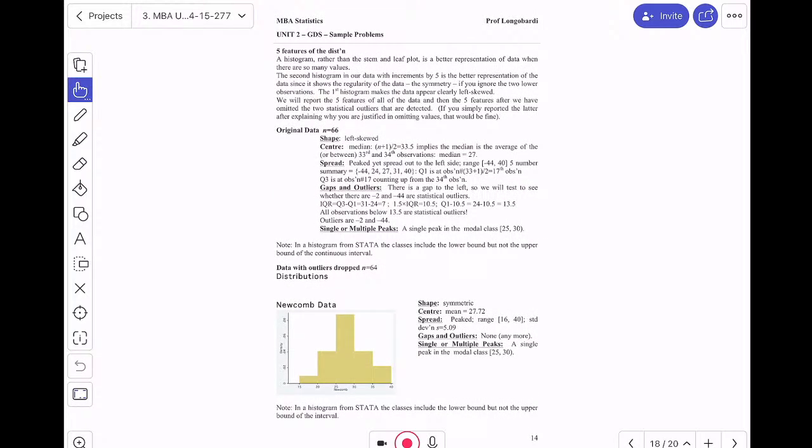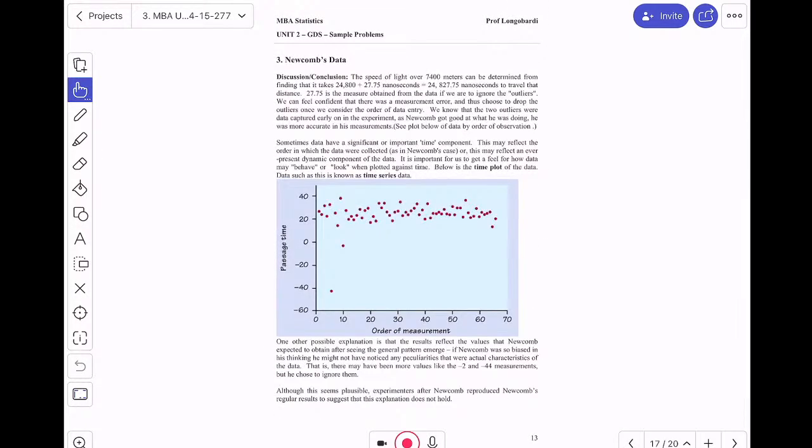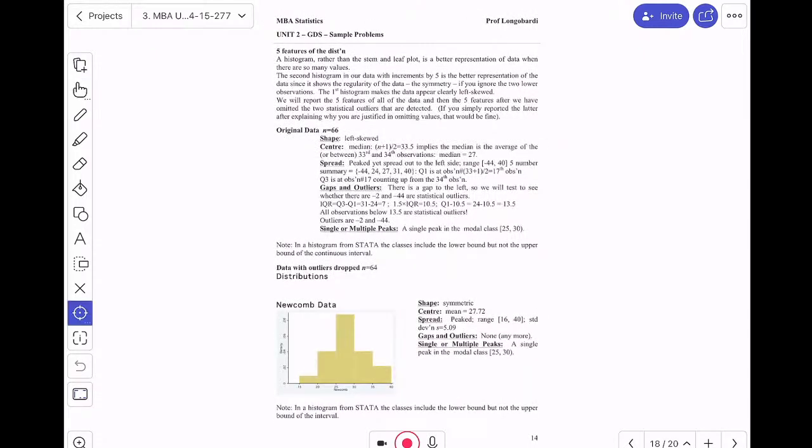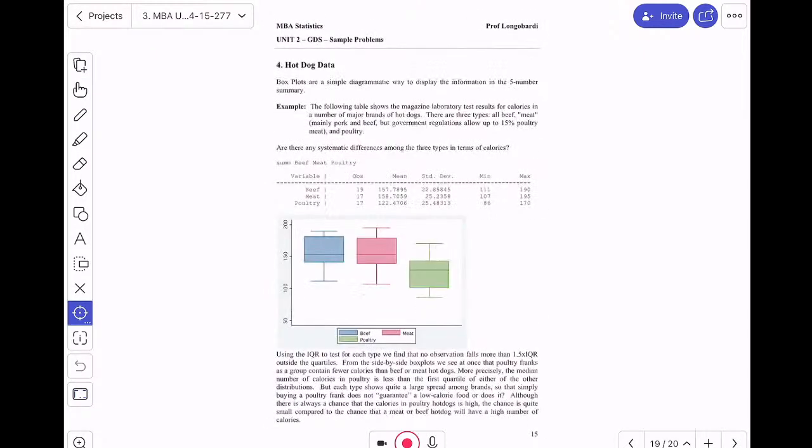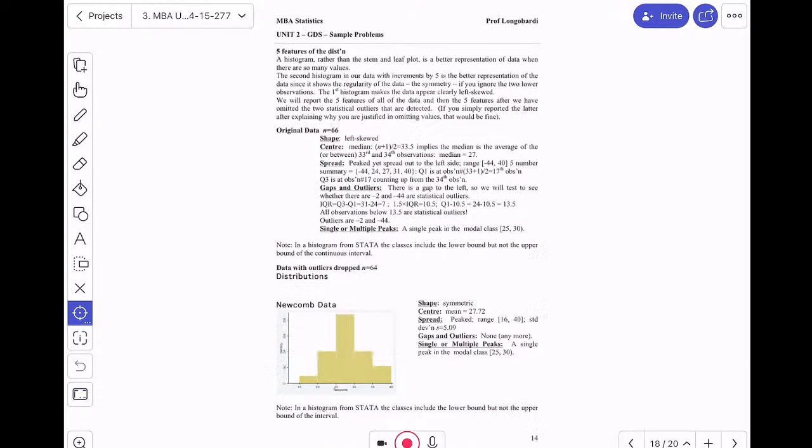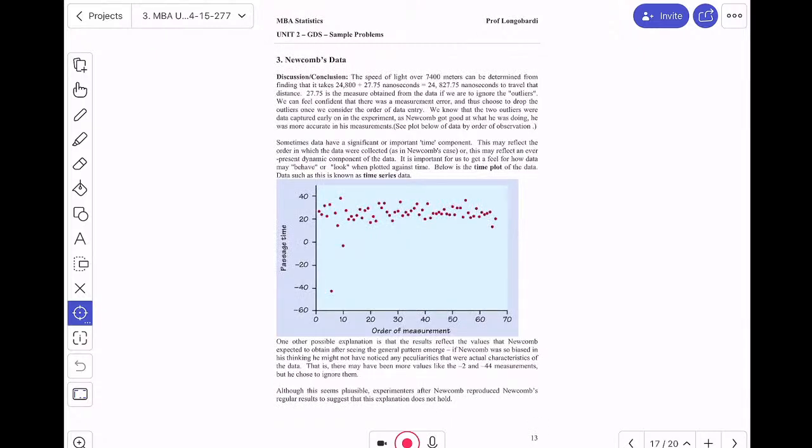I discuss the reason why we use the select data set and come up with this histogram here. I just want to say something about Newcomb's data, and then let's see in the notes if there's any questions you have. You have the annotated notes, so you should be able to see the answers to most of the questions there. I'm pretty sure all the questions.